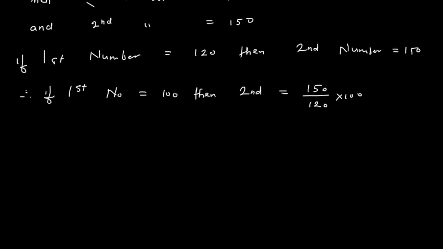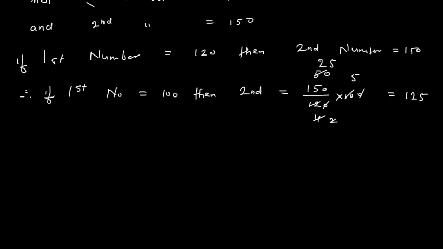Okay, now this 0 I will cancel with 0, 3 I can cancel, yes, 3 fours are 12 and 3 fives are 15, so it will come 50. Now 2 twos are 4 and 2 fives are 10, and here this is 25. 25 fives are 125. So if the first number is 100, then the second number is 125.